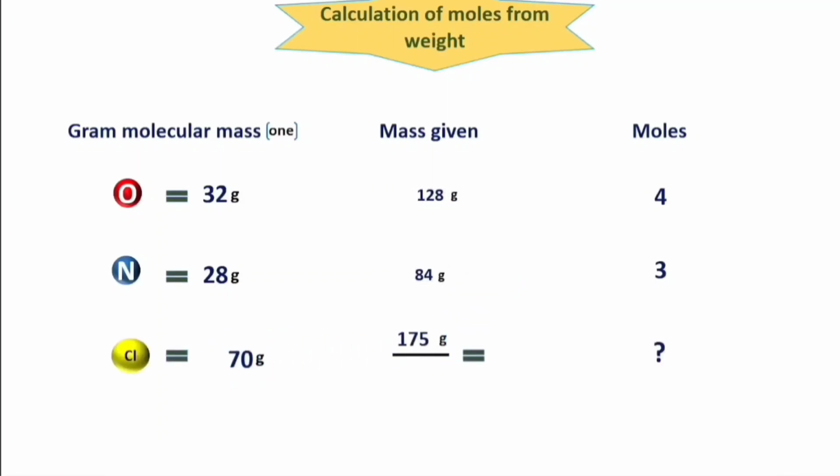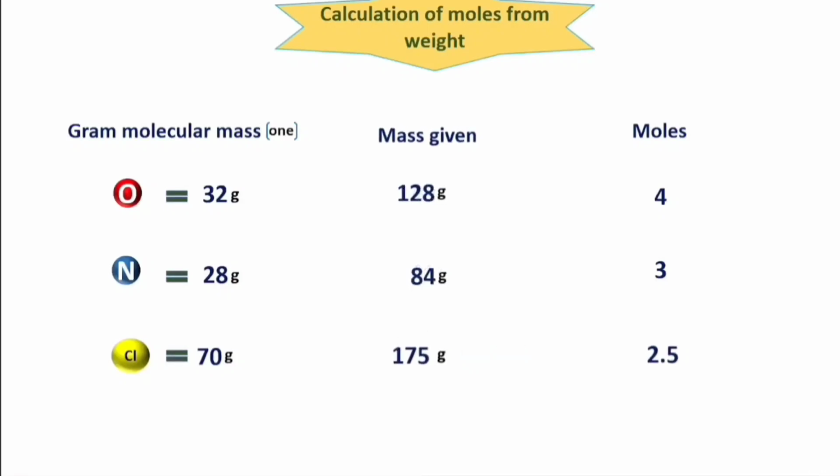When 175 gram of chlorine will be divided by its gram molecular mass 70 gram, then we can say that 2.5 moles of chlorine is present in 175 gram of chlorine. So this way, from given mass, we can easily derive the number of moles.